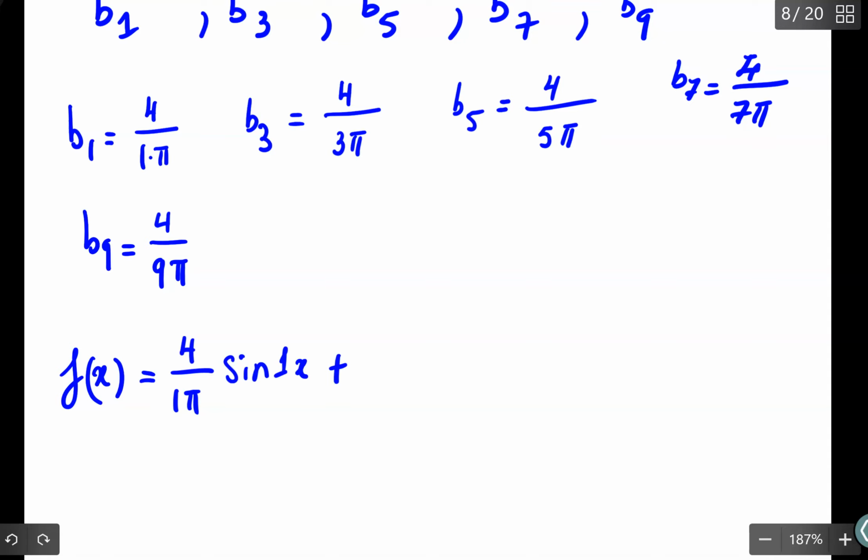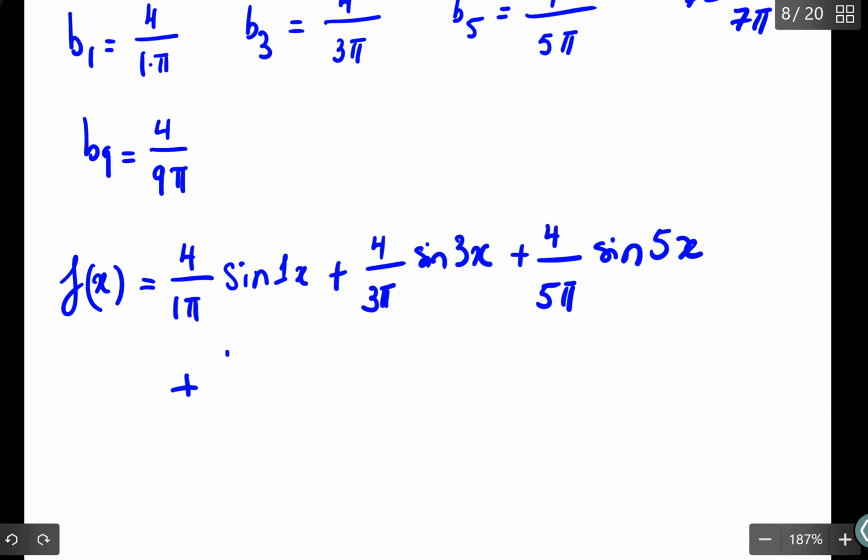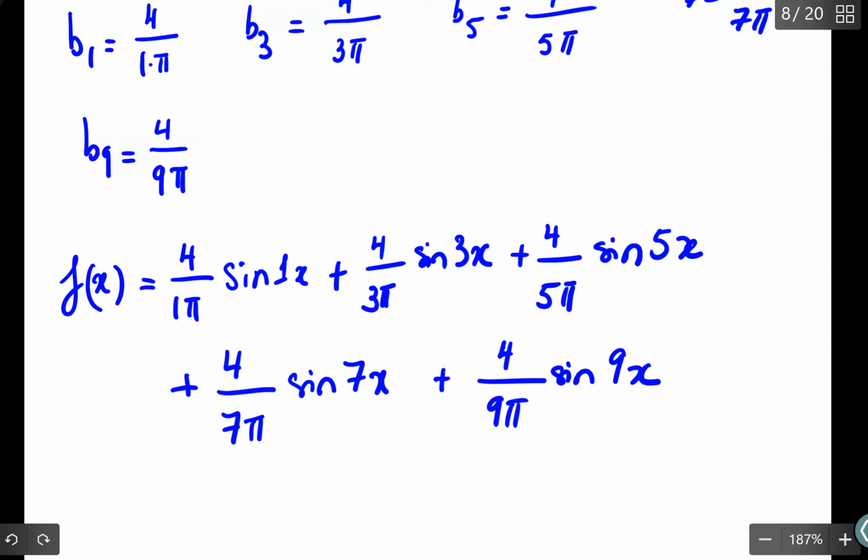Now b3 is 4 over 3 times pi times sine of 3x, plus 4 over 5 times pi times sine of 5x, plus 4 over 7 times pi sine of 7x, plus 4 over 9 times pi sine of 9x.